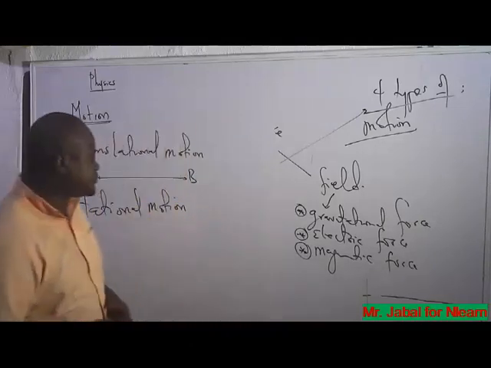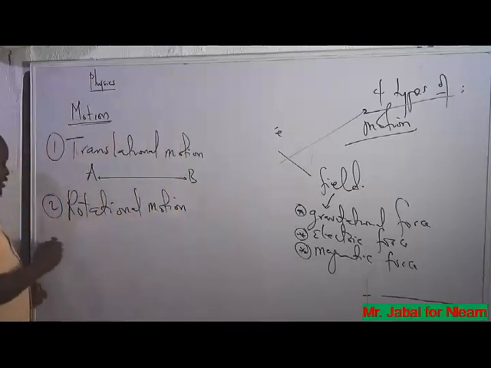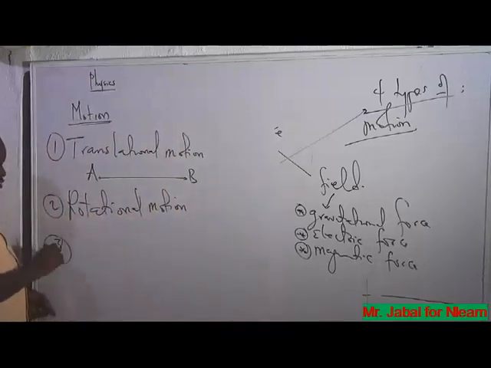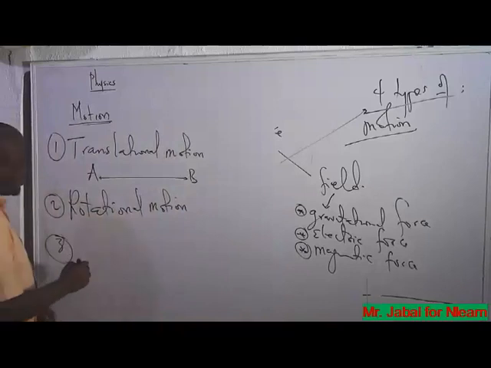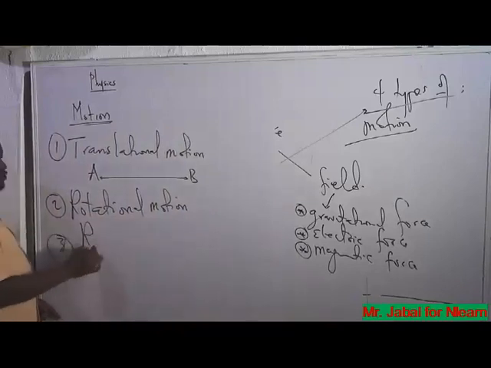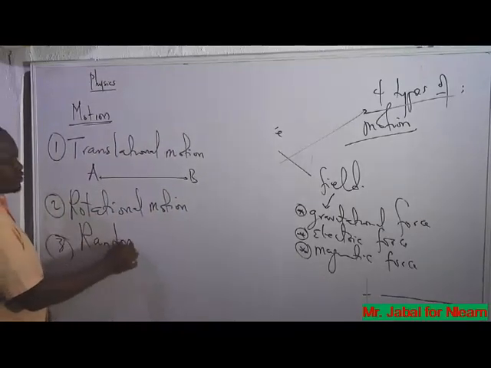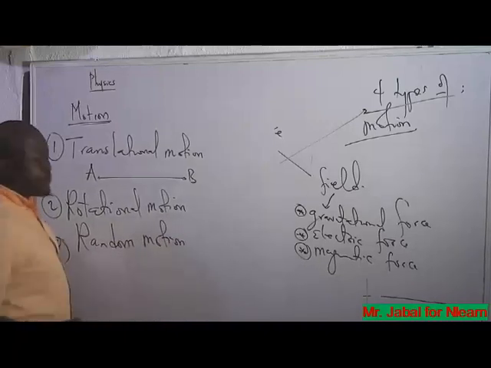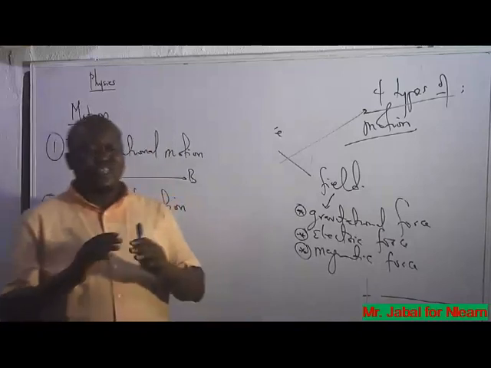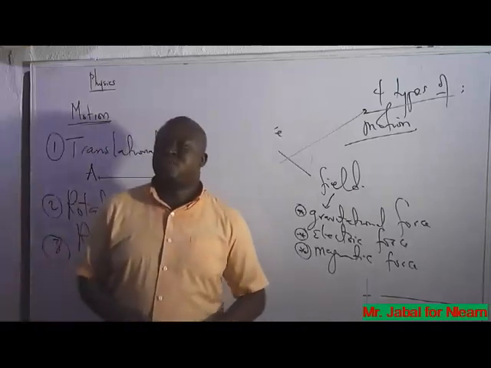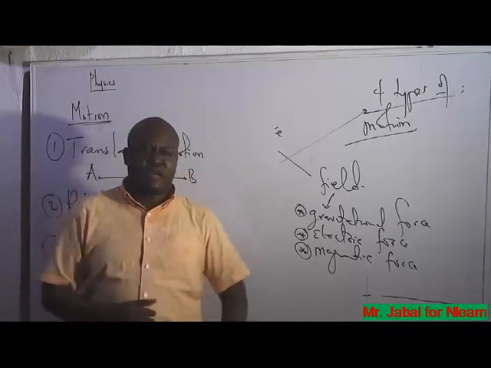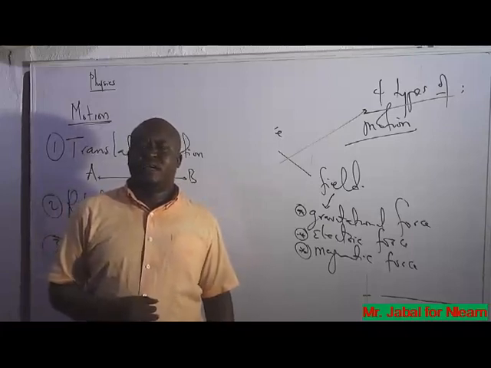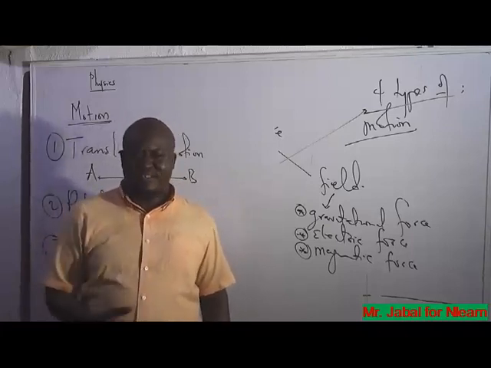Good. Now, we have a third kind of motion, and that is what we call random motion. Random motion is common among gases.